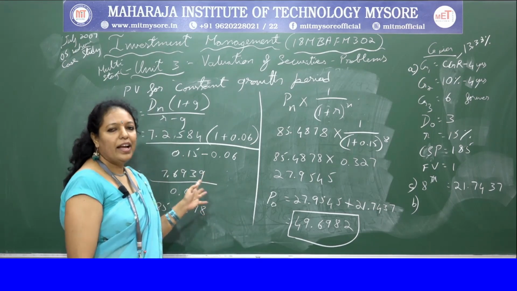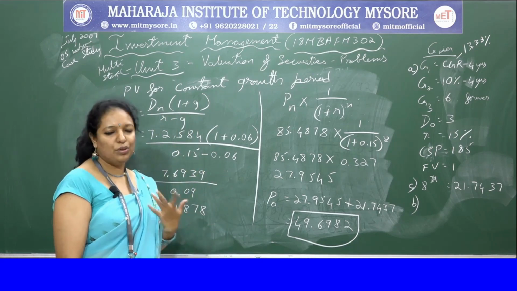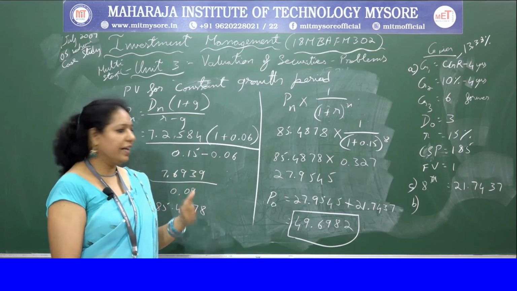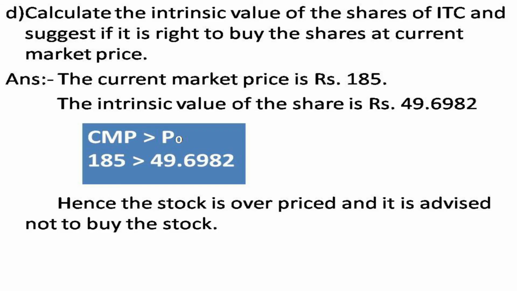There will be point variations, but the method is important. Learn the method, and if you take 2 decimals or 3 decimals, the answer will vary, but it will be nearby to 49. When we see the fourth question, that is calculate the intrinsic value of shares of ITC and suggest if it is right to buy the shares at current market price.